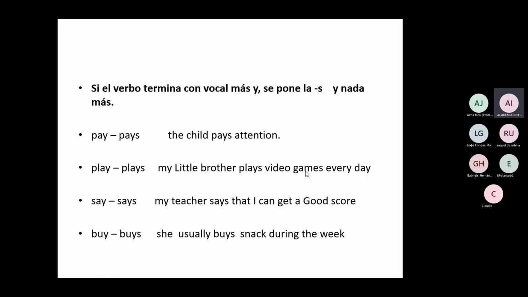But if I use this adverb of frequency at the end, every day, estoy especificando que todos los días, ¿verdad? My little brother plays video games every day. That is a complement. That specifies that my little brother does that activity every day.